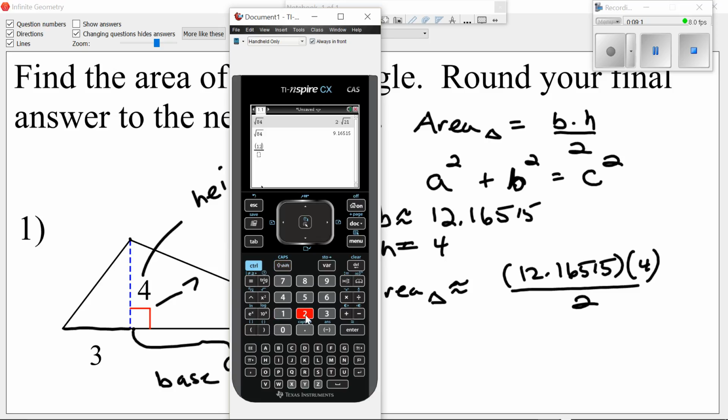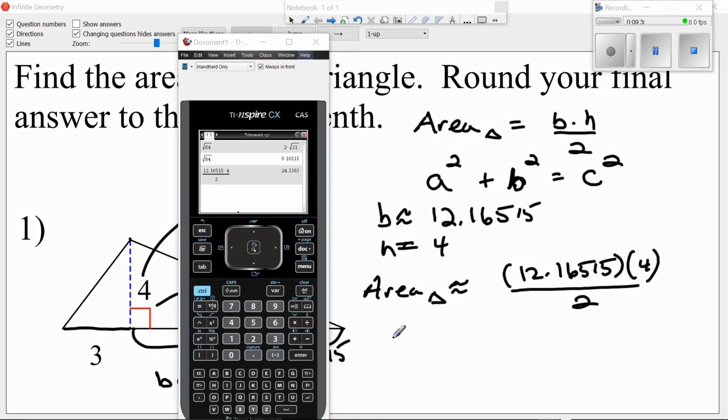So 12.16515, and let's make it come outside that. We still want it in the numerator, times 4. Make sure it's up top in the numerator. Divide by 2. Hit enter, and I get an answer like this.